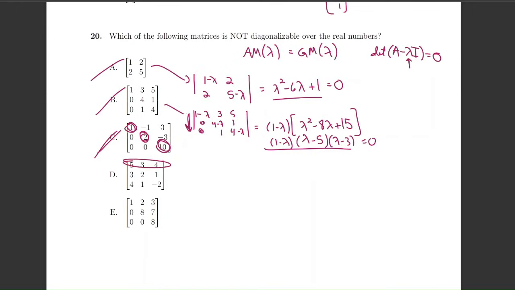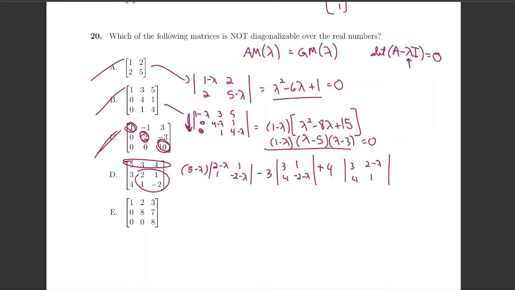I'll just expand along this row, and I'll do 5 minus lambda times this, which gives me 2 minus lambda, 1, 1, 2 minus lambda, minus 3 times 3, not 3 minus lambda, 3, 1, 4, 2 minus lambda, plus 4 times 3, 2 minus lambda, 4, 1.